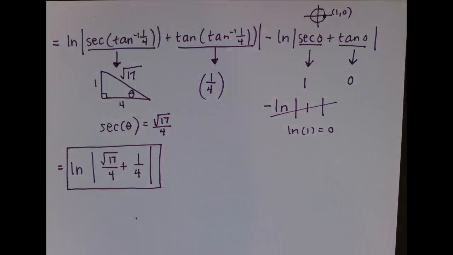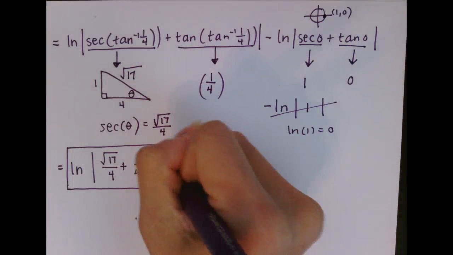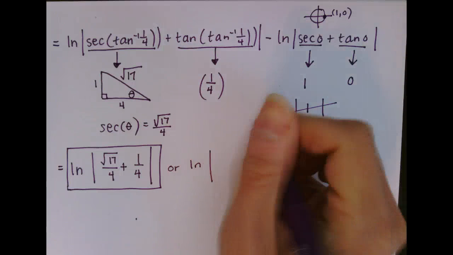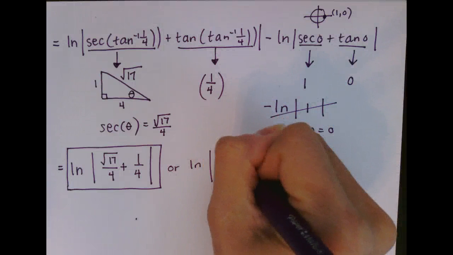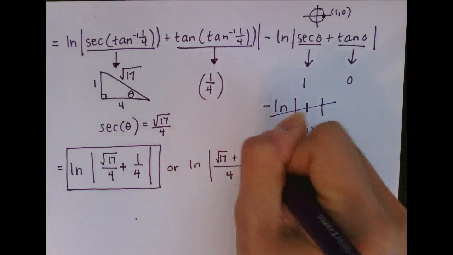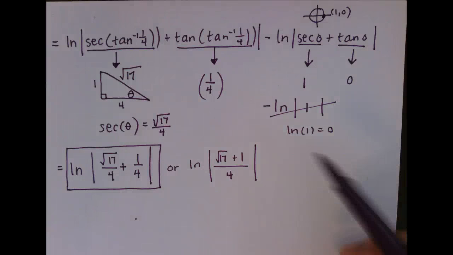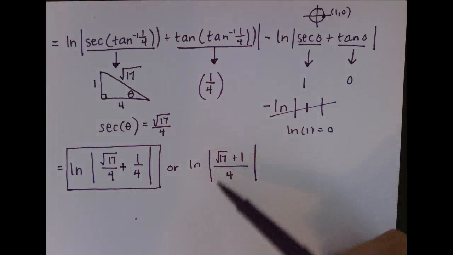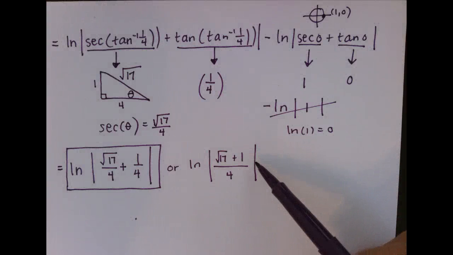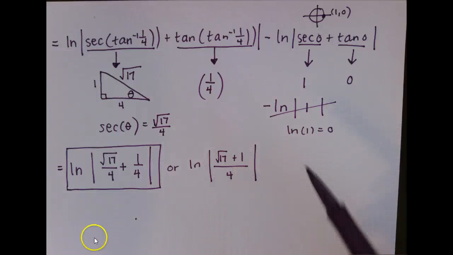And therefore, this is our final answer. Obviously, it is acceptable to go ahead and write this as one fraction. You don't have to. I'm not sure exactly how picky MyMathLab will be. But the other thing to remember is that the absolute value is no longer necessary either, because this is a positive value.